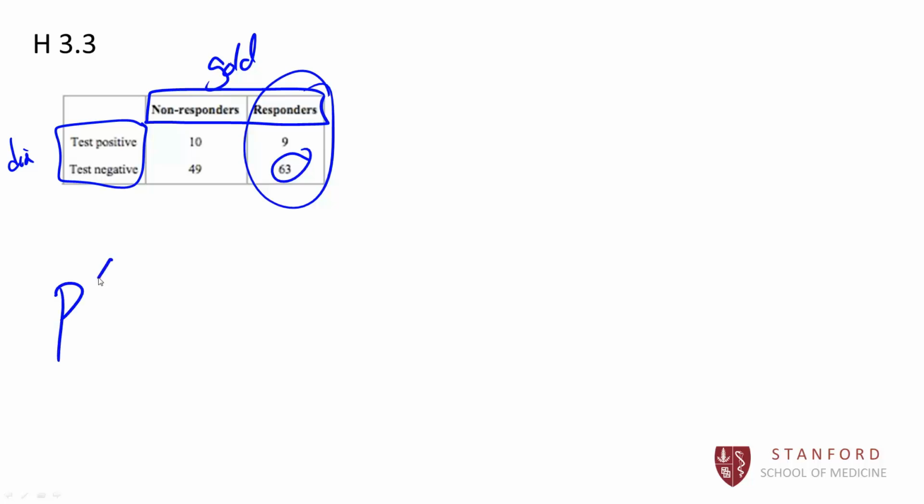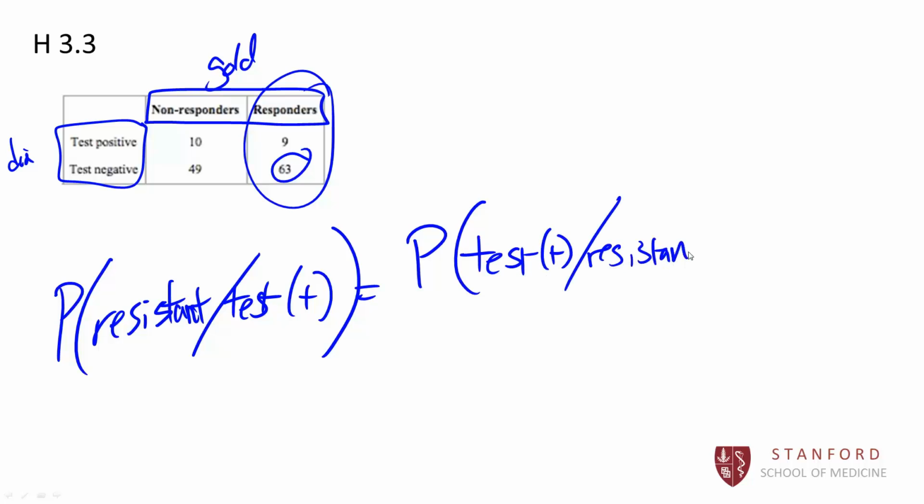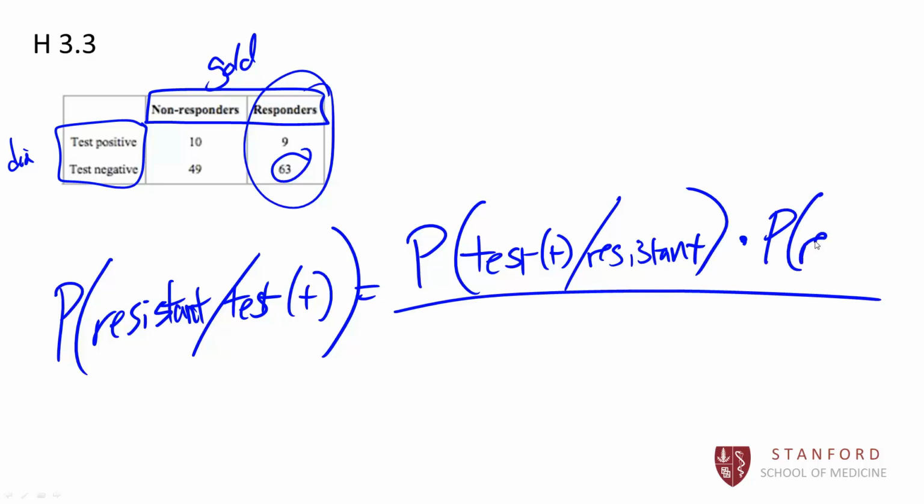Okay, so Bayes' formula can be set up like this. So the probability of being resistant to the antibiotic given the test is positive, okay, equals the probability of testing positive given that you're resistant, okay, multiplied by the probability of being resistant over the probability of testing positive.